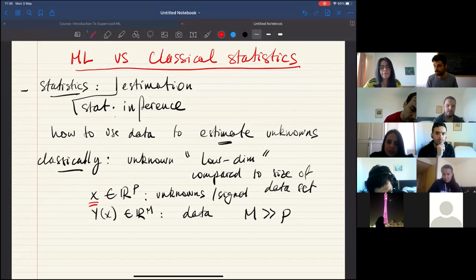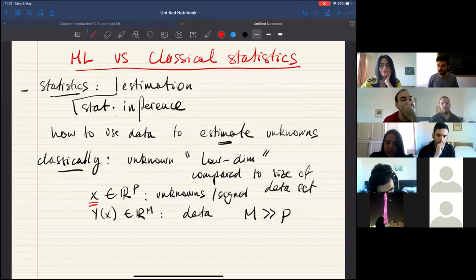So you record all these trajectories and you want to recover the unknown, which is the gravitational constant. Here it is just a scalar number that you want to estimate from this large amount of data, which are these trajectories.